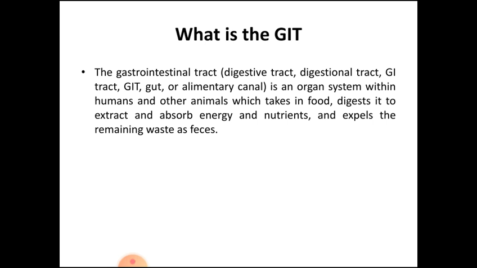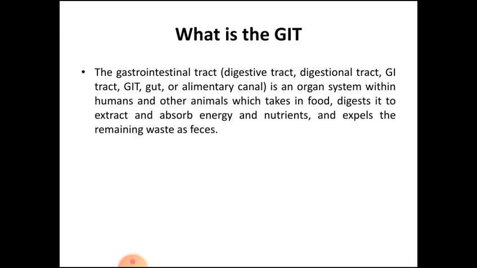The GIT is a tract that starts from the mouth to the anus. All through these tubules there are specialized cells that help to absorb and digest food. This GIT tract is also known as the gut or alimentary canal.